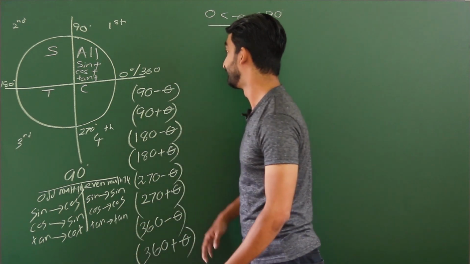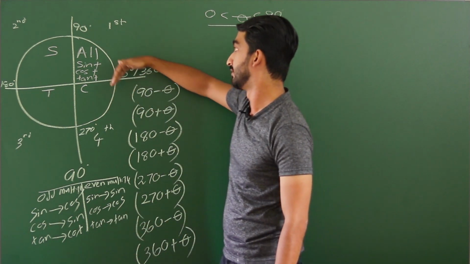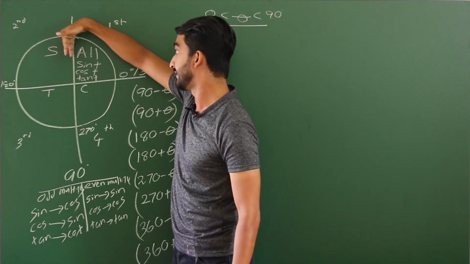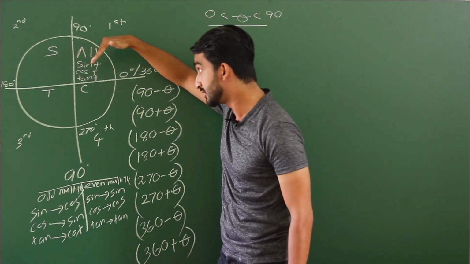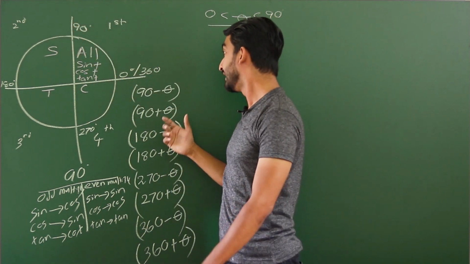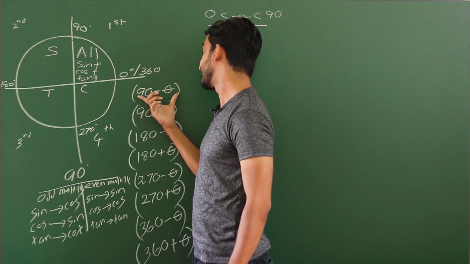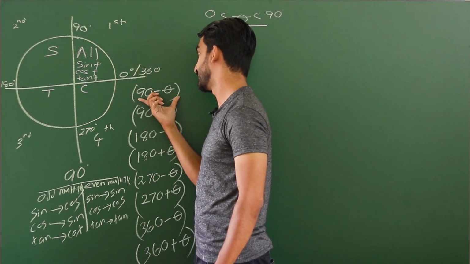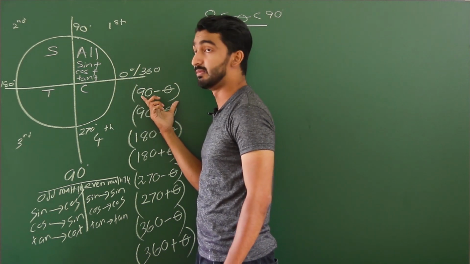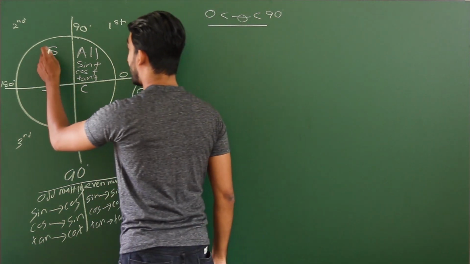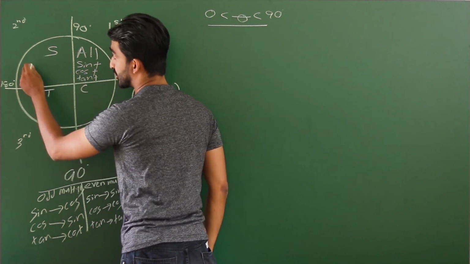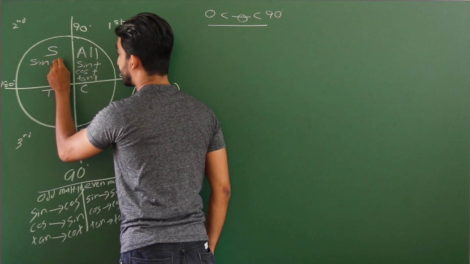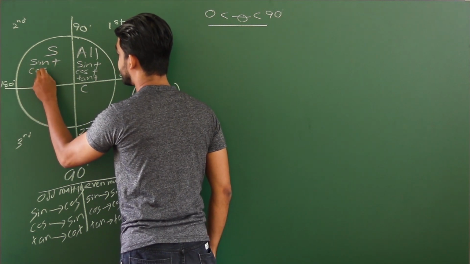For example, 90 minus theta means you go till 90 and come back, so it will be the first quadrant. So any value we write as sine 90 minus theta, cos 90 minus theta, tan 90 minus theta will be positive. Now here only sine is the boss, sine will be positive, but the other two will be negative.